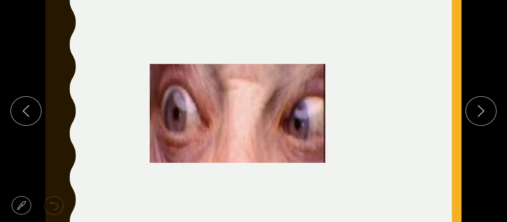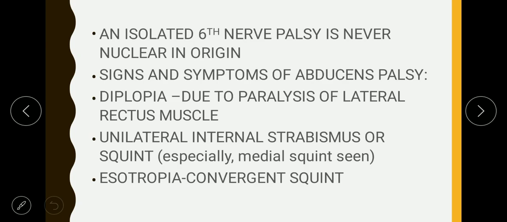So this is a picture showing abducens nerve palsy. Signs seen in abducens palsy: diplopia or double vision due to lateral rectus paralysis.